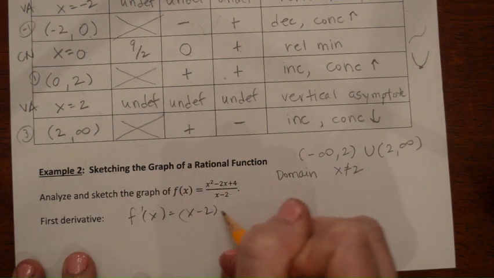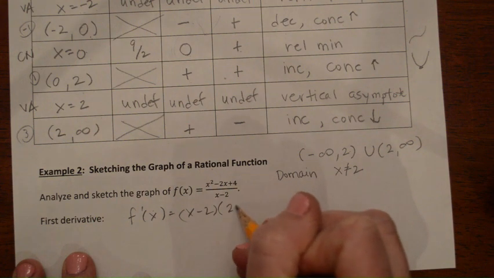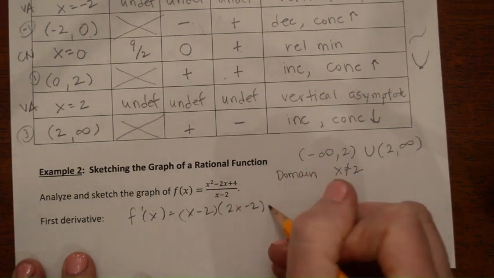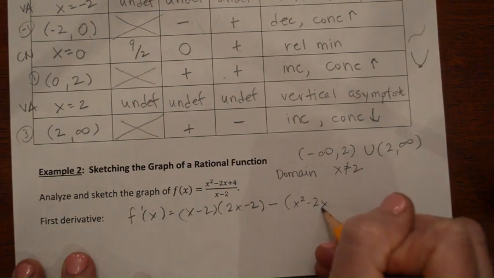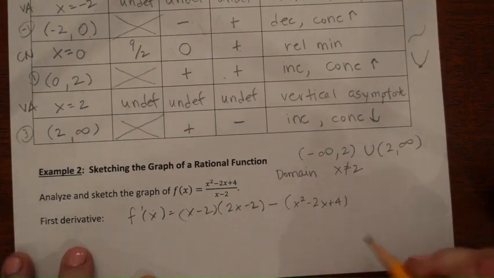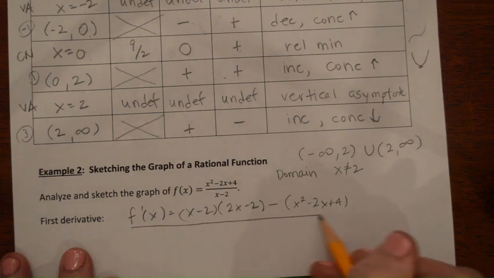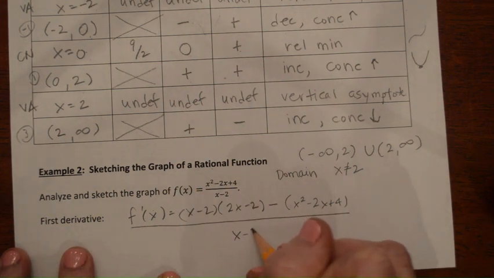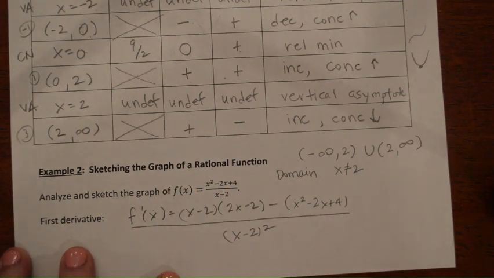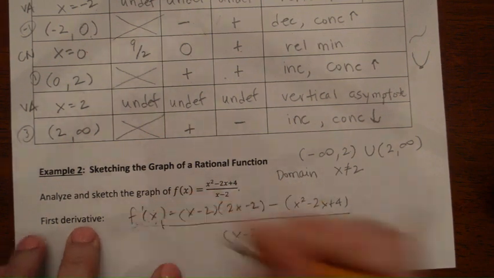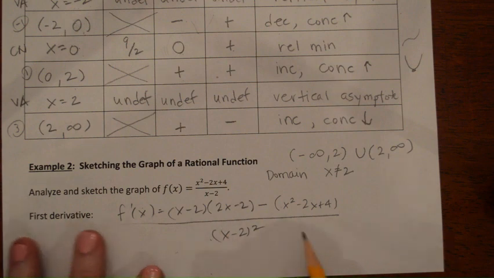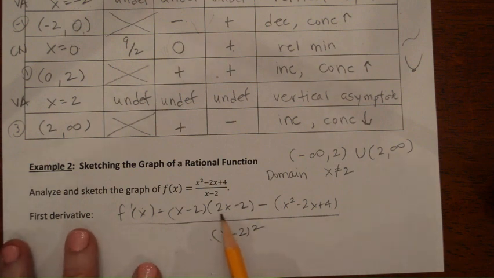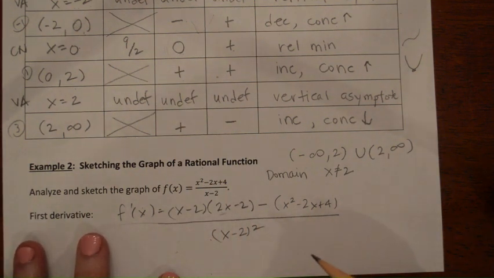bottom times the derivative of the top. Derivative of the top is 2x minus 2 minus the top, x squared minus 2x plus 4, times the derivative of the bottom, which is just 1, all over the bottom squared. All right, so then let's simplify the top there. I could factor out a 2 right here, but then I'm still going to have to multiply that out.